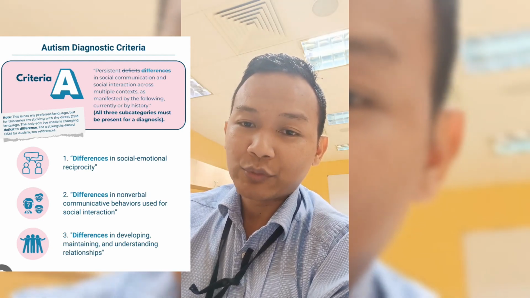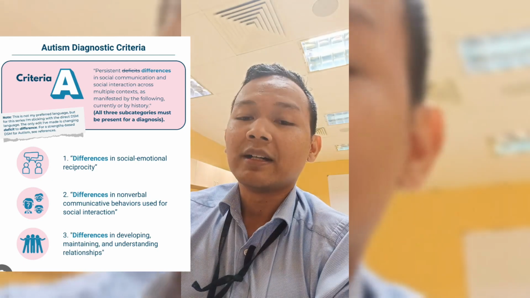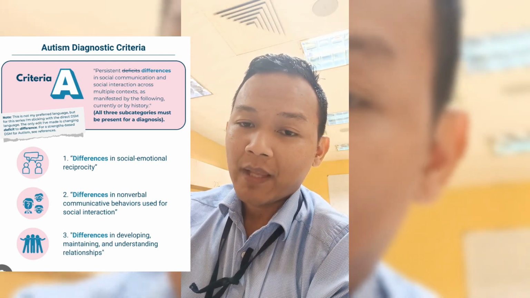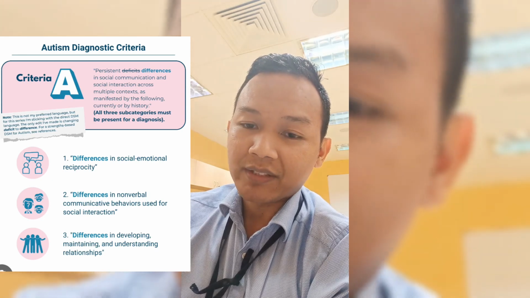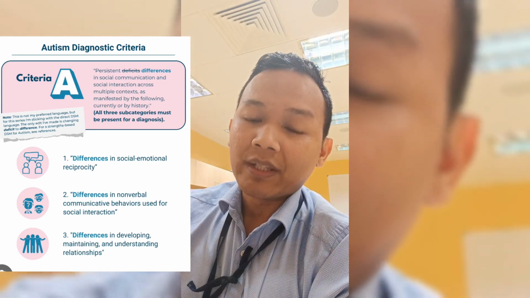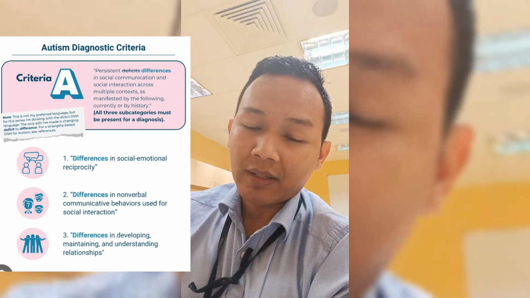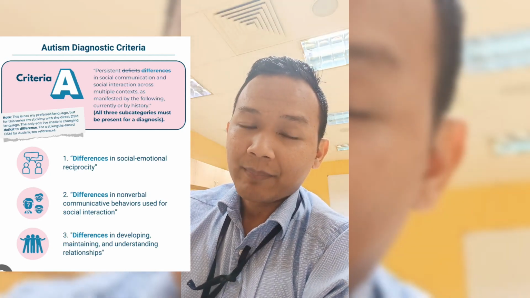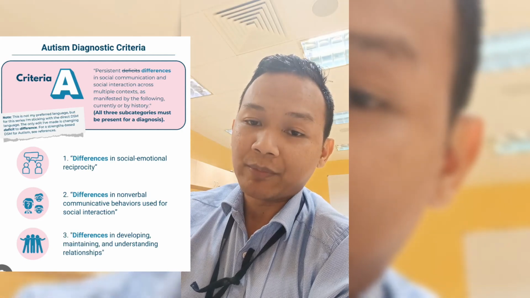For the first domain, you need to have 3 out of 3 criteria fulfilled. For the second domain, restricted repetitive patterns of behavior, it needs to be 2 out of 4 to be fulfilled to say the patient has autism spectrum disorder.